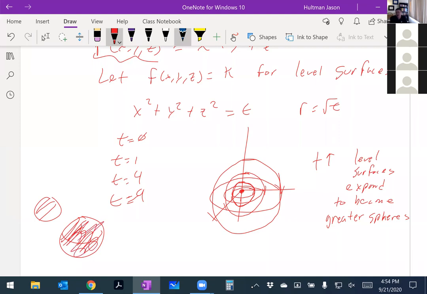No? You're like, yeah, it's clear as mud. Well, there you go. Okay, you're in good shape. So these are just spheres of different radius, centered at 0, 0, 0, with radius radical t.